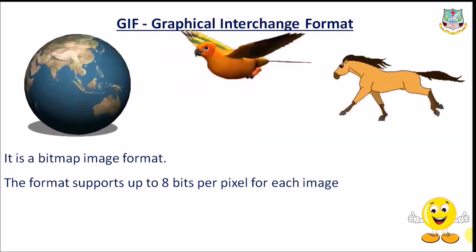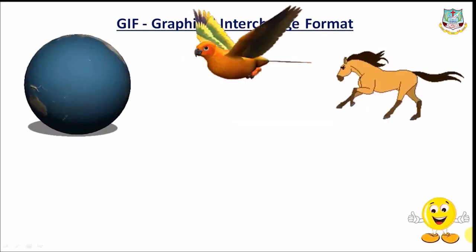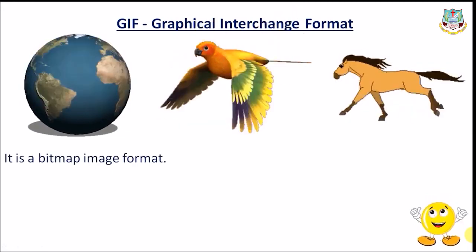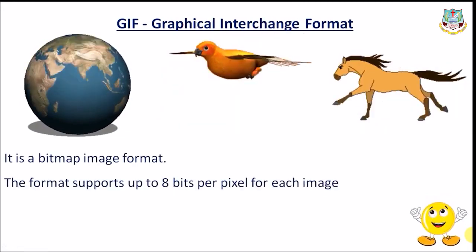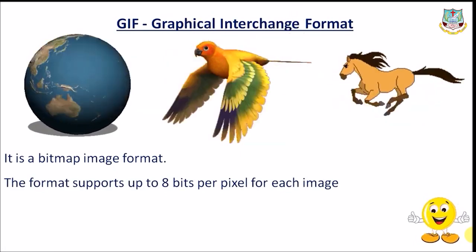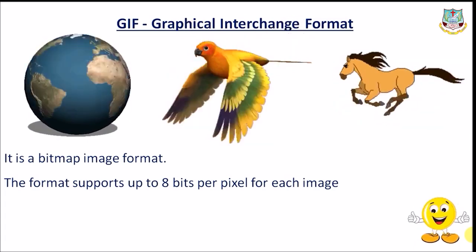This format is supported widely because in this format we use only limited colors. This is used for online color photos. If you see some photos online, we are not going to use them. We'll just see them. For that, just limited colors is enough. So this is supported widely.